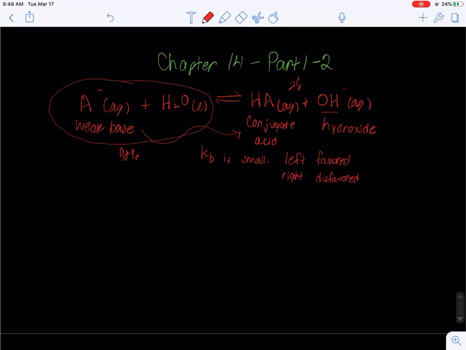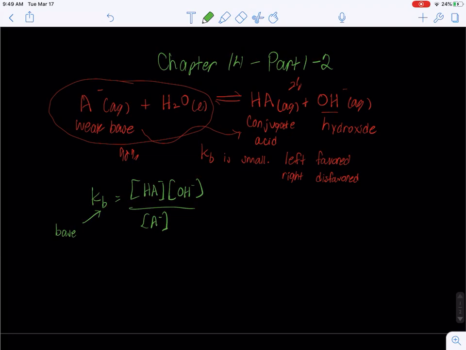Okay. Now the Kb for this chemical reaction, B, remember, is for base, is going to be equal to the products over reactants. We've got HA, hydroxide ion, over A minus.